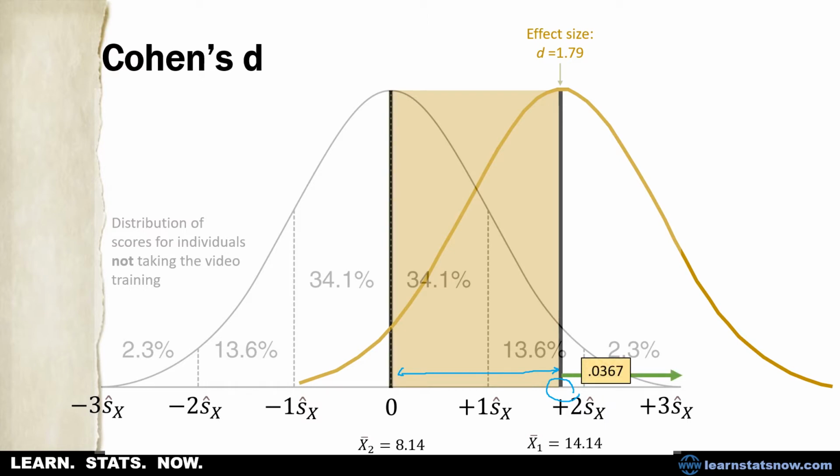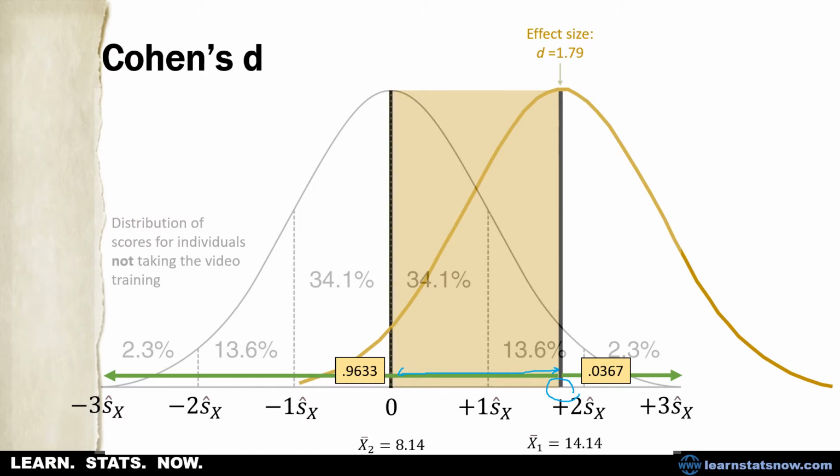We know also that when we look into a z-table, because these are in standard deviation units, so why not use a z-table, the proportion of area under the curve of that first group's distribution that's above 1.79 is only 0.0367. If we subtract that from 1, below that point would be 0.9633.